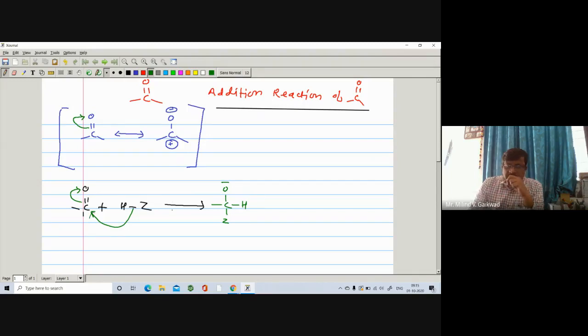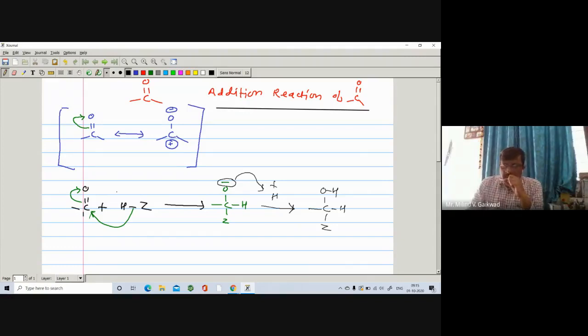and there is a formation of alkoxide, and further this alkoxide undergoes protonation, addition of H positive. So this negative will attack this H positive, and there is a formation of OH here, H here, and Z here in general.